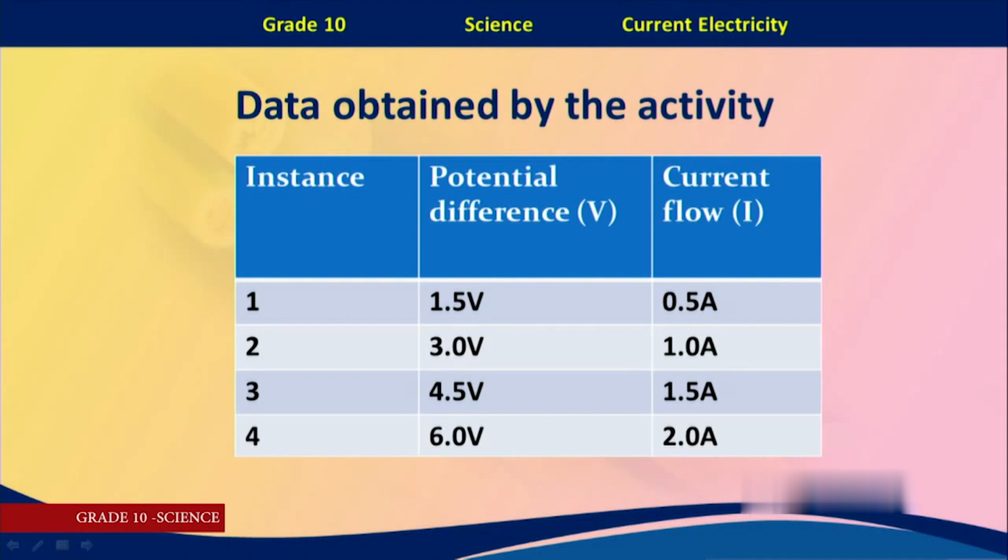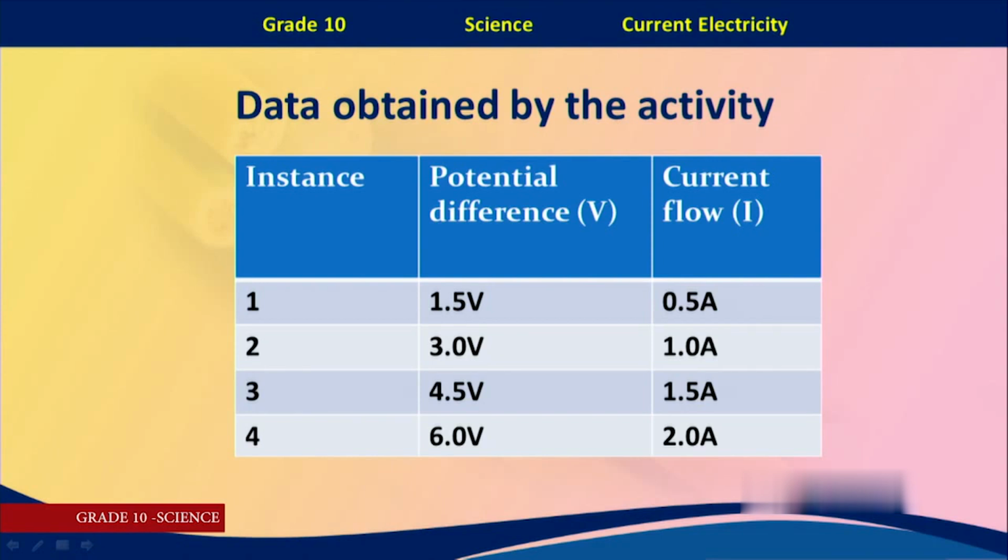Suppose in the first instance we recorded the voltmeter reading as 1.5 V and current flow as 0.5 ampere. And in the second instance, we recorded the potential difference as 3 volt and current flow 1 ampere.